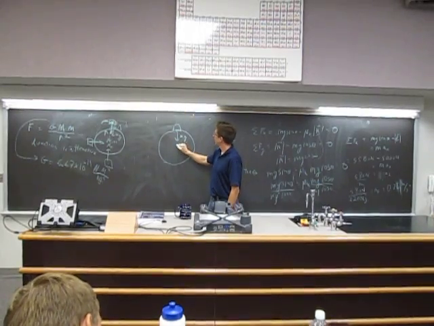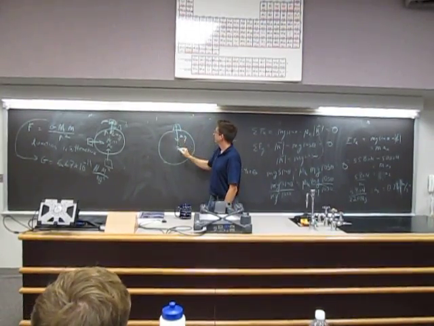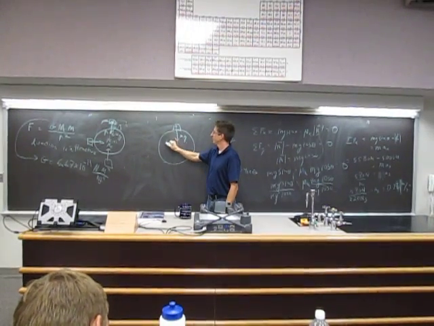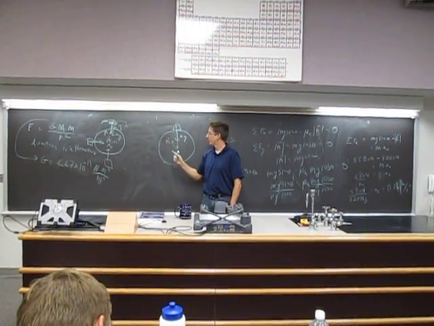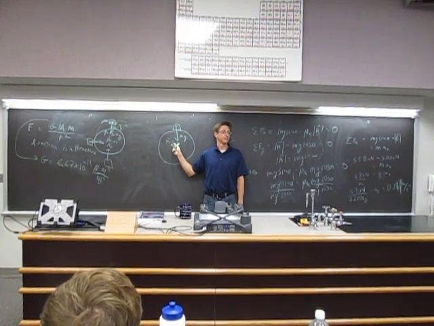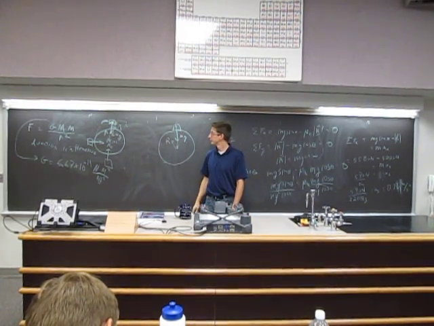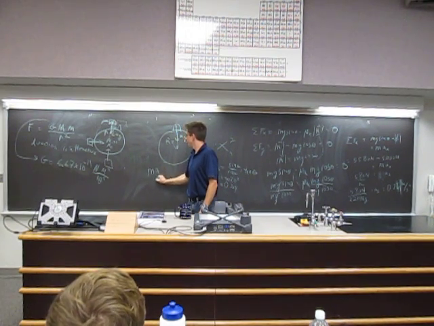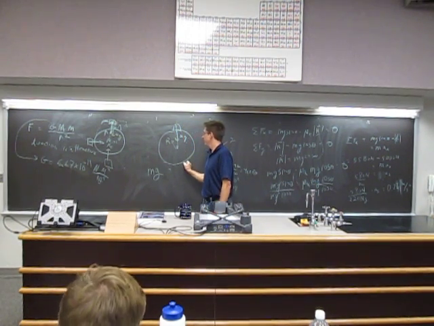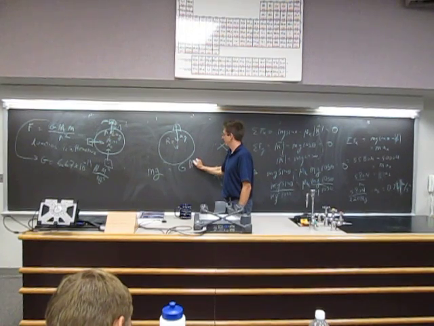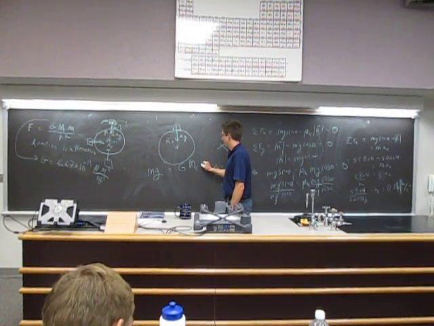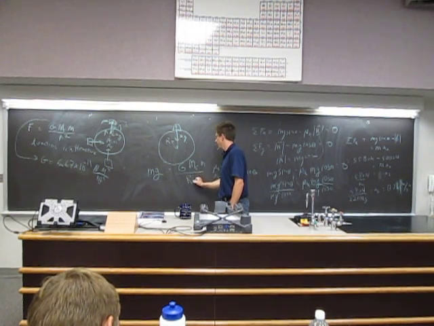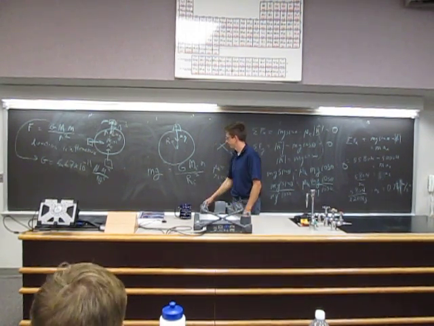Now, on the surface of the Earth, the distance between the center of the Earth and that object is the radius of the Earth. I'm going to call that r sub e. So, mg has to be that universal law: G, mass of Earth, mass of the object, over the radius of Earth squared.